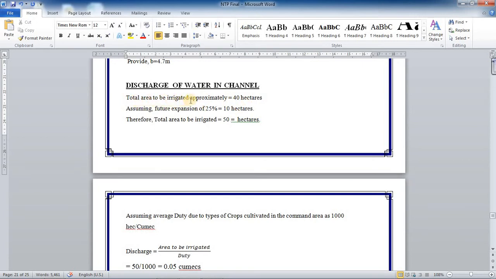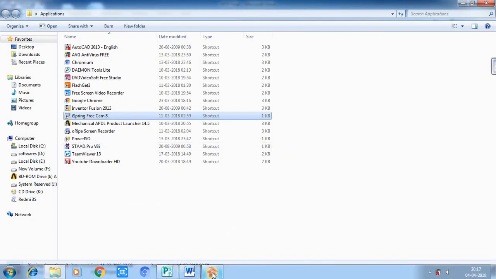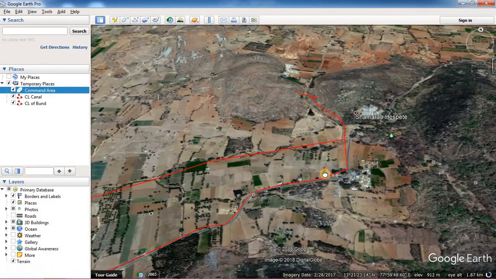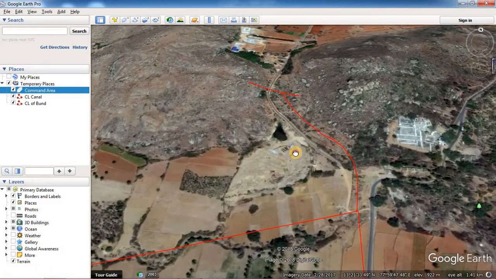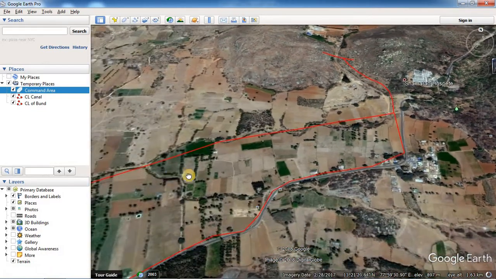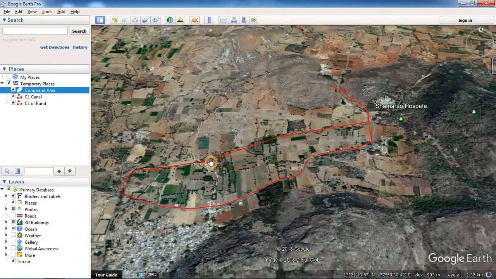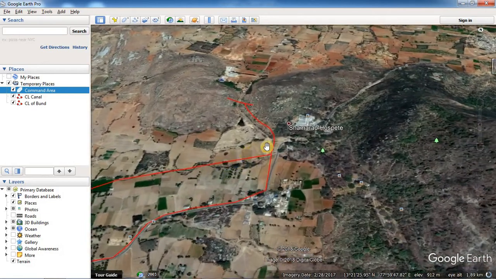The total area of irrigated land can be taken as approximately 40 hectares, and this can be obtained from Google Earth, where I have traced the command area here.